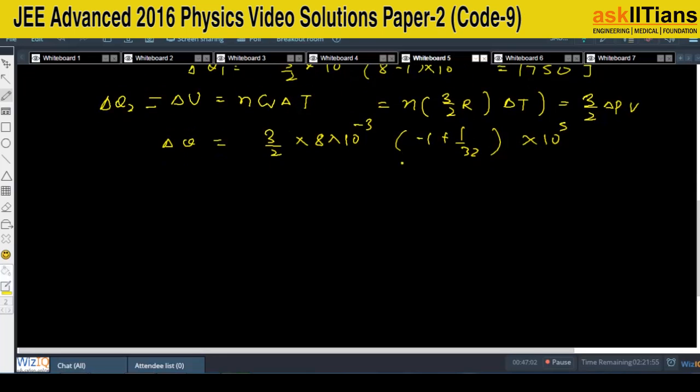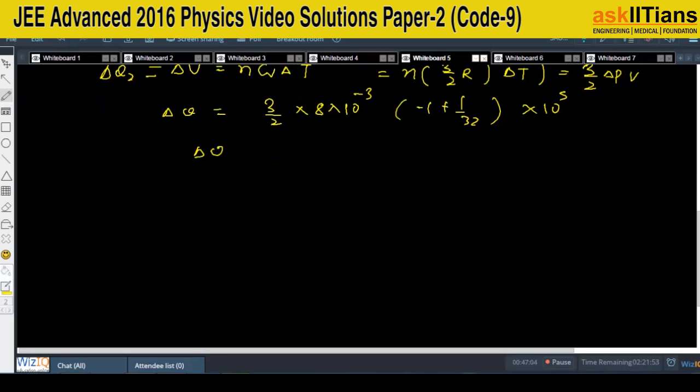Solving this, finally we got delta Q is equal to minus 93 by 8 into 10 to the power 2. That should be equal to negative of 1.625 into 10 to the power 2.